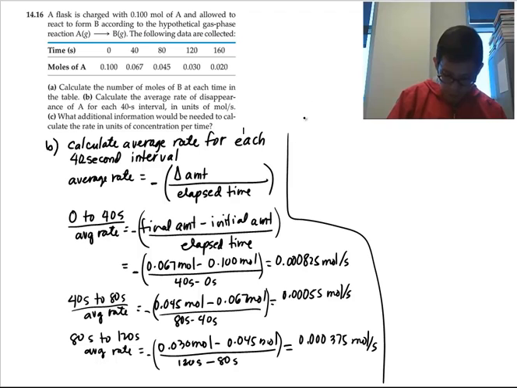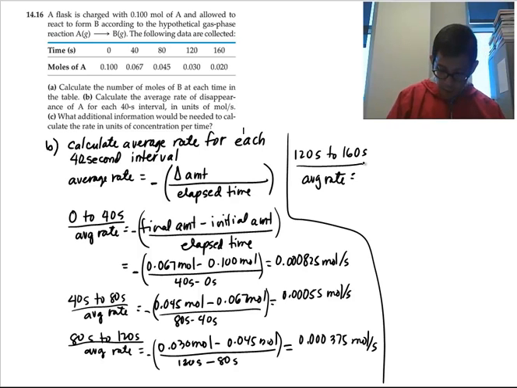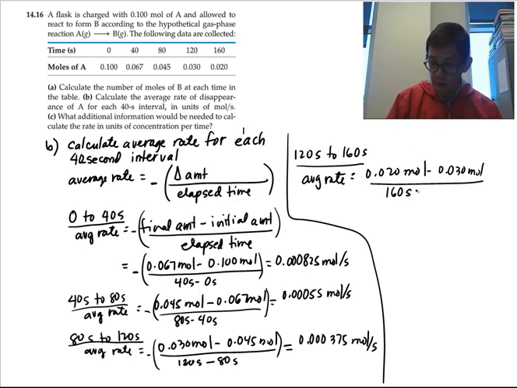And finally, from 120 seconds to 160 seconds, average rate is equal to final minus initial, again 0.020 moles, minus initial, 0.030 moles, and the elapsed time is 160 seconds minus 120 seconds.